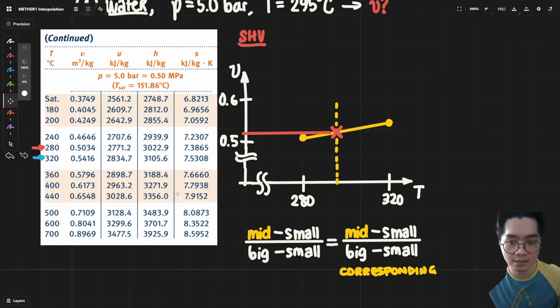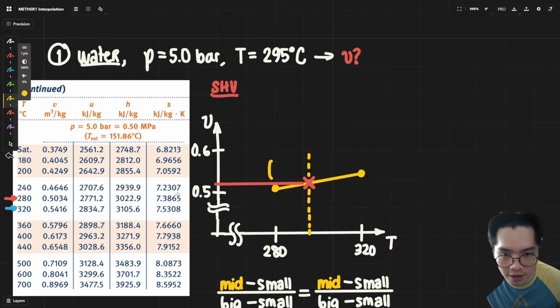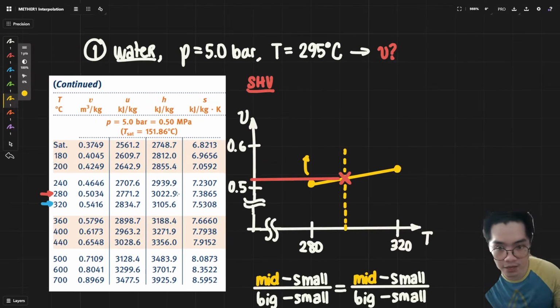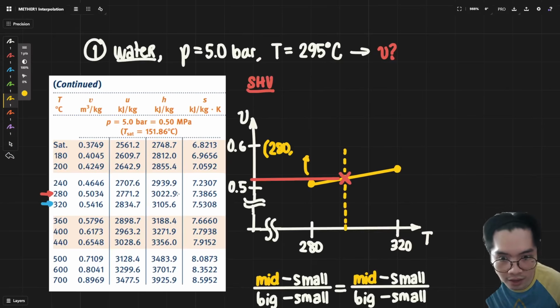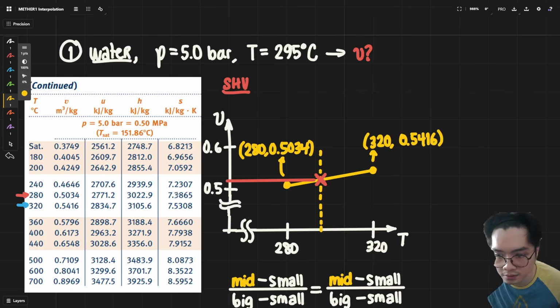In this case, here we have our small value, which is at 280 and 0.5034. And this one is at 320 and 0.5416.